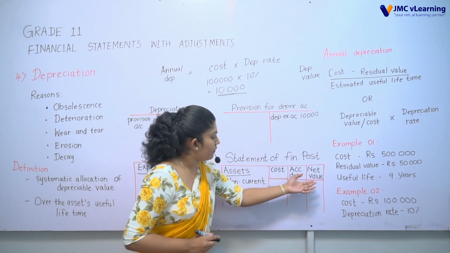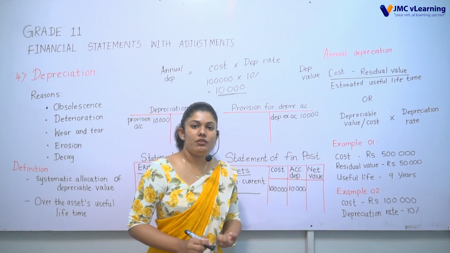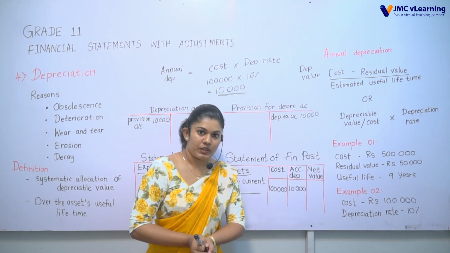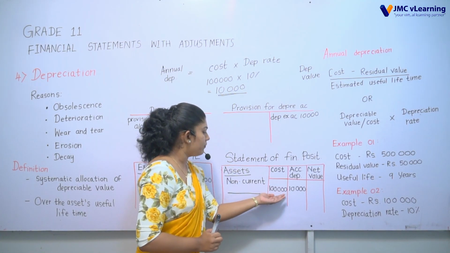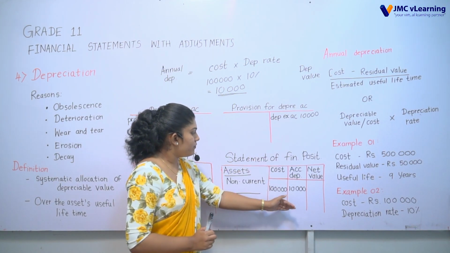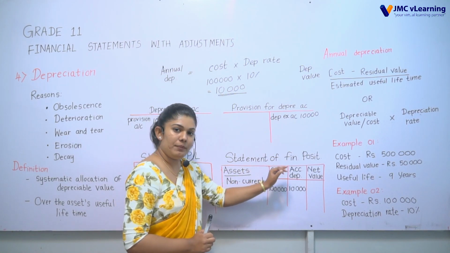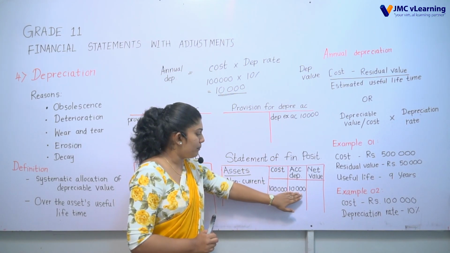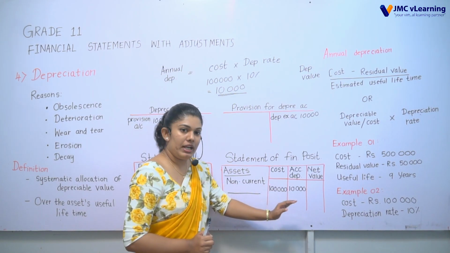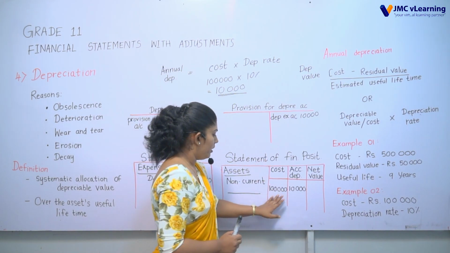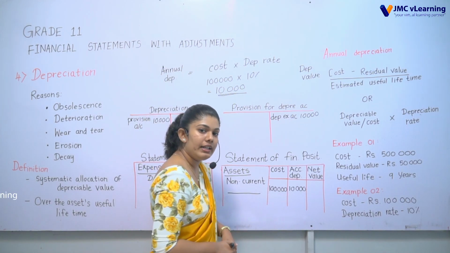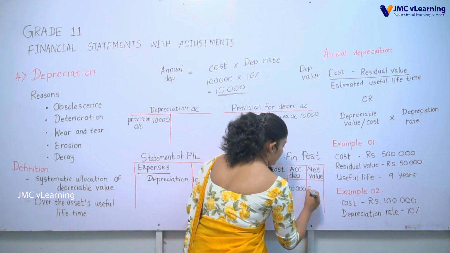The net value means the remaining value of the asset. What is the value of the asset for today? We had an asset of 100,000, but for the date we prepare this financial position, it has been depreciated by 10,000. Therefore, net value means the remaining amount, 100,000 minus 10,000, 90,000.